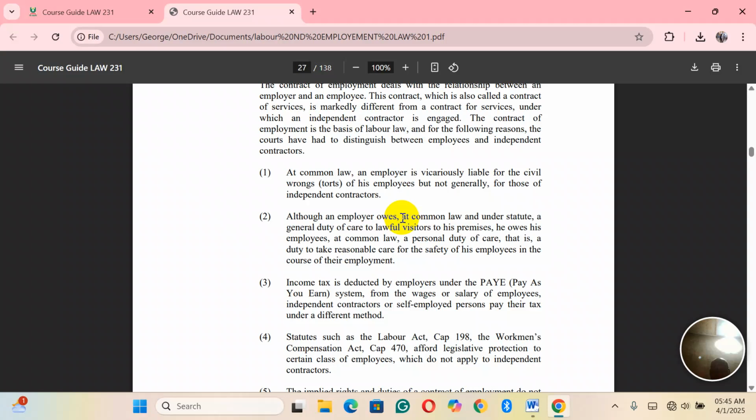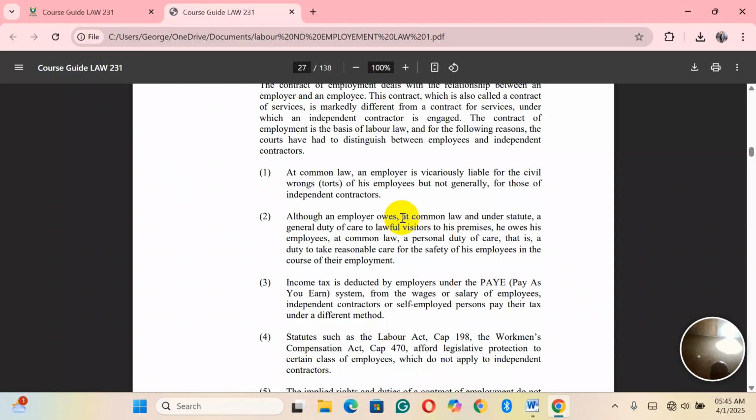Three, income tax is deducted by the employer under the Pay As You Earn system from the wages or the salary of an employee. Then independent contractors or self-employed persons pay their tax under a different method.